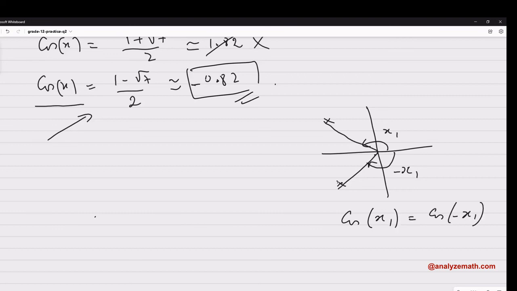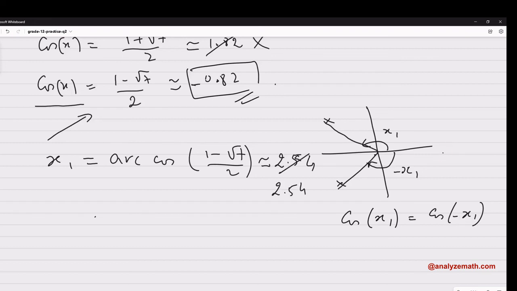Now let's find x1. So we use the calculator. x1 equal to the arc cosine of 1 minus square root 7 over 2, and that will give me approximately 2.54 radians. Now x2 will be equal to minus 2.54 radians.